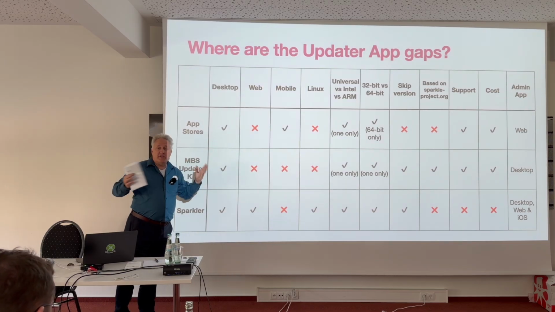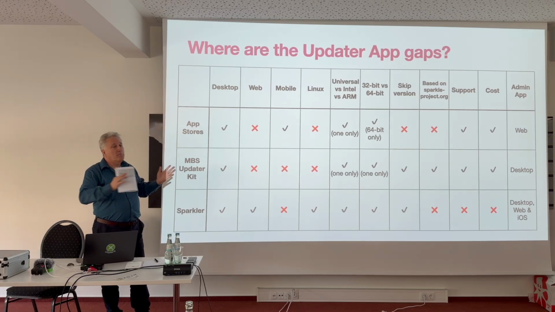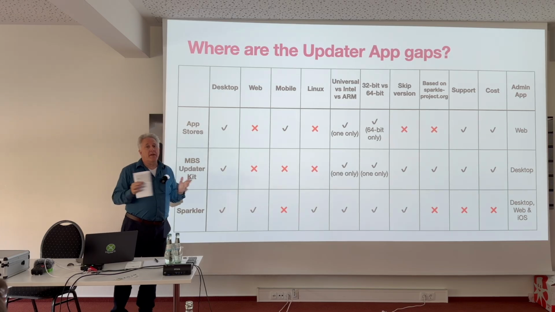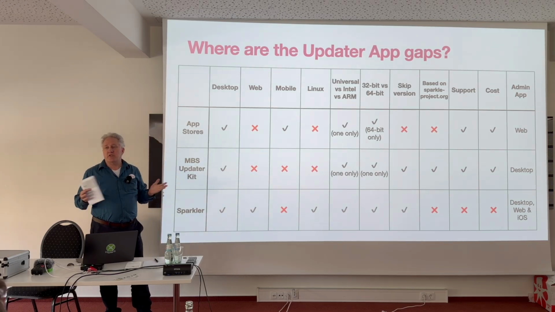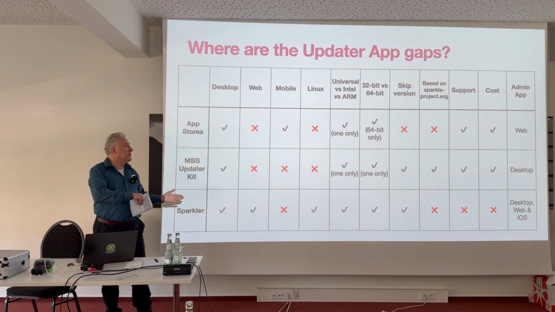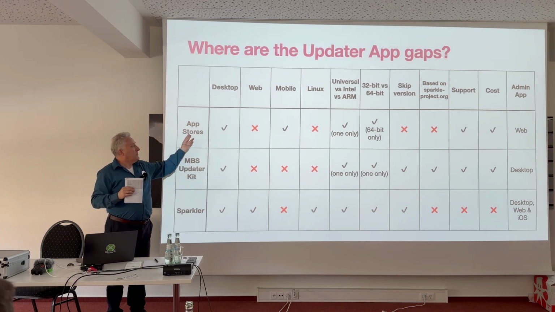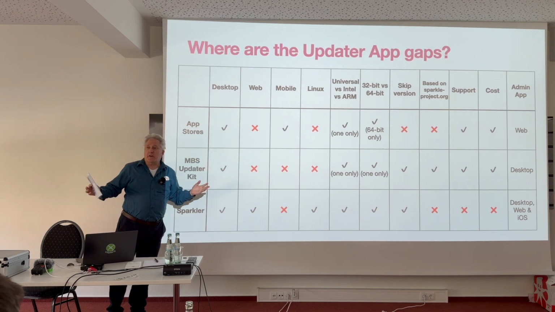Again, 32-bit, 64-bit. When you put something up on the store, well, Mac OS and iOS is only 64-bit, but other stores, typically you just get to install one version of the applications, whether it's 32-bit or 64-bit, but not both. With the app stores, you don't get the choice of skipping.